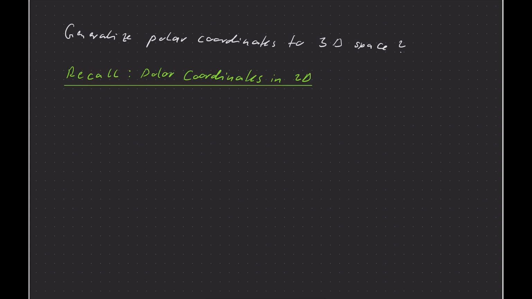So you will remember that in a 2D coordinate system like this, where this is the x1 axis and this is the x2 axis, we introduced a way of describing a point in that system. Let's say here's our point.